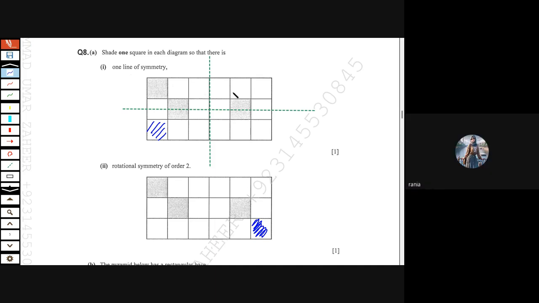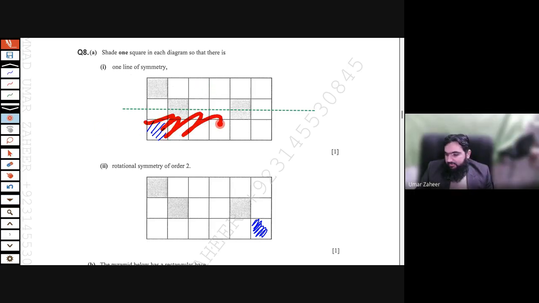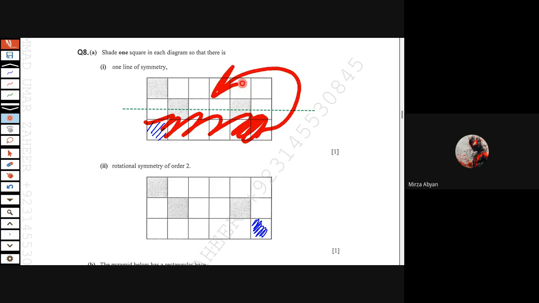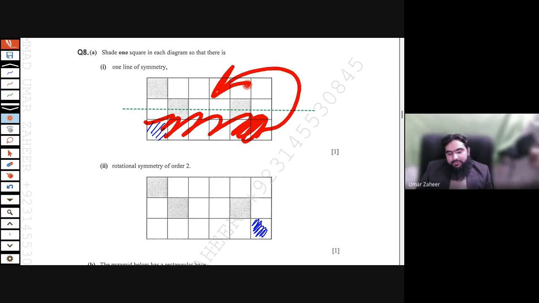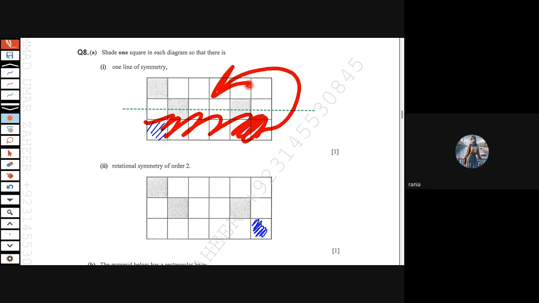Sir, I don't think so. Look here. We are getting the same image vertically from this part on the other side. Sir, there should be one upper corner on the right. Why?